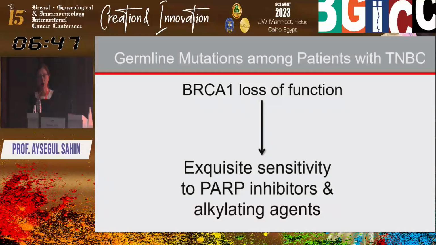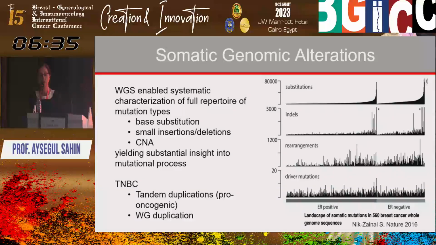And the importance of identifying these, especially BRCA1 loss of function, is that these patients have exquisite sensitivity to PARP inhibitors. So this really is becoming important.